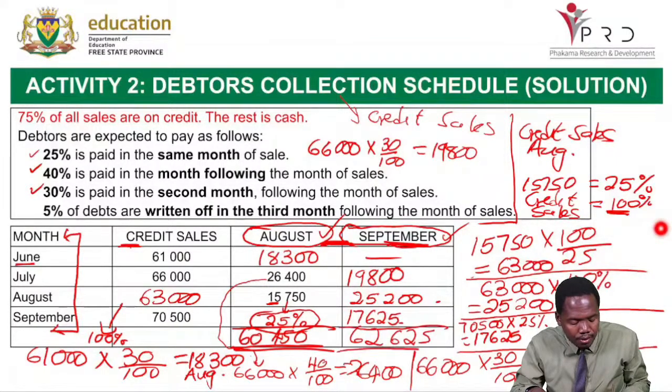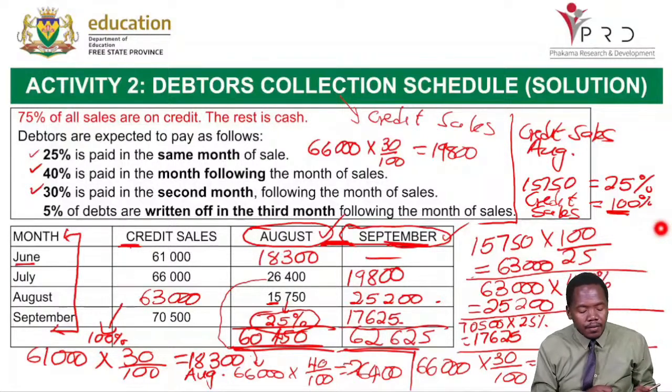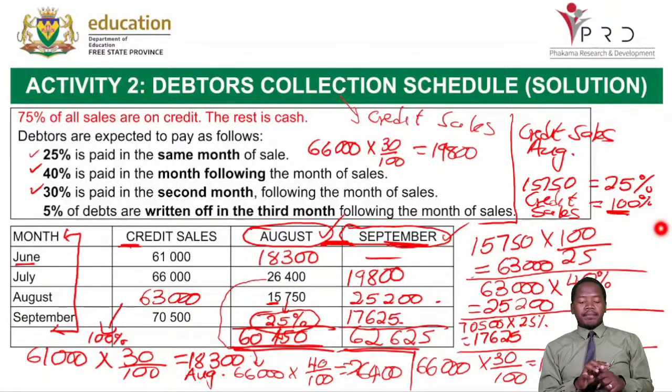This is our calculations. Meaning in August, we collected 60,450. In September, we collected 62,625.